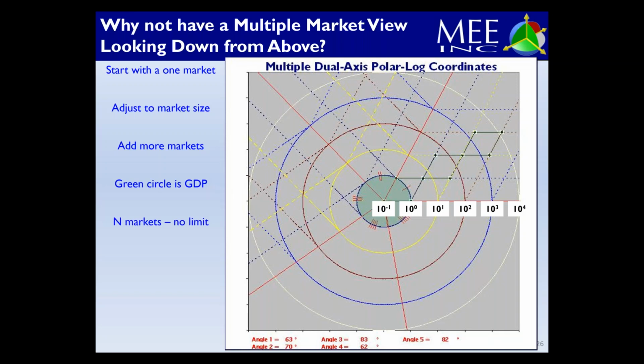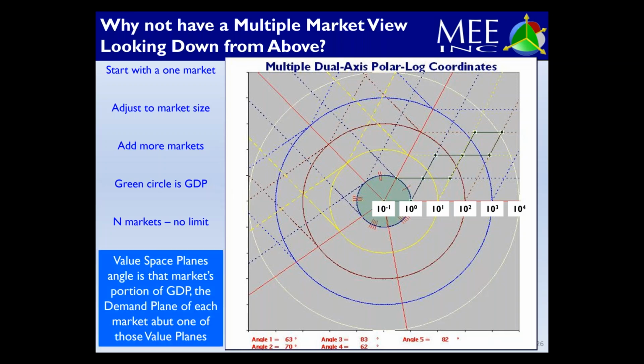And of course, the next observation is that there's really no limit. Using this technique, there's no limit to the number of markets we can look at. So again, these value planes determine the portion of GDP that market takes.